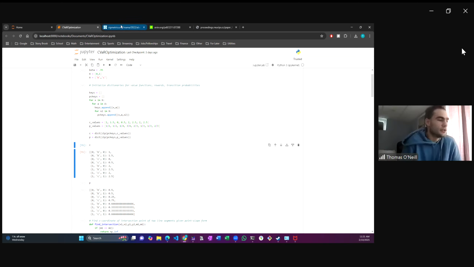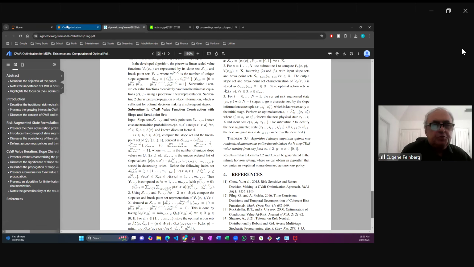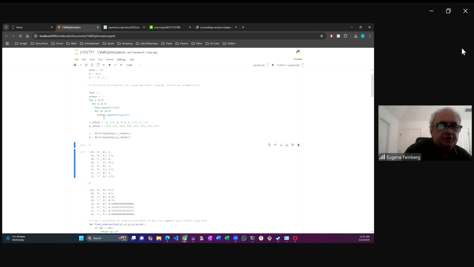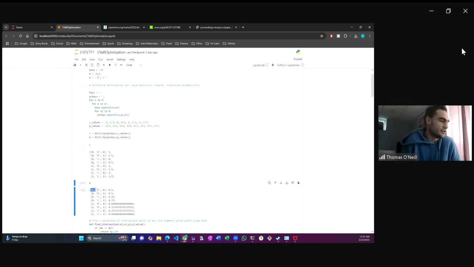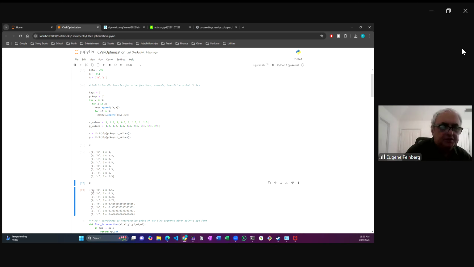Yeah, that's correct. So you need to tell us what problem you're solving, because we're in the dark. Is there a written definition, or do we need to see the diagram? So basically, we need to understand what problem you're solving. Yeah, these are the state transitions. So you have state 0 and state 1, yeah?